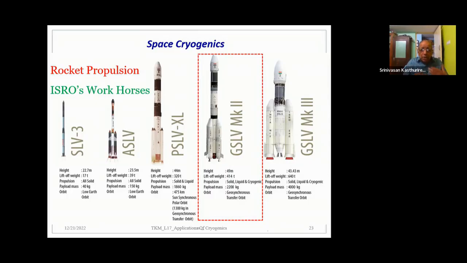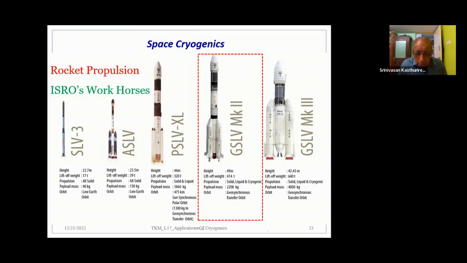Next comes the system with the cryogenic fuel, which is the GSLV, the Geostationary Launch Vehicle. It has a liftoff weight of about 414 tons. The propulsion has solid, liquid, as well as cryogenic engines.